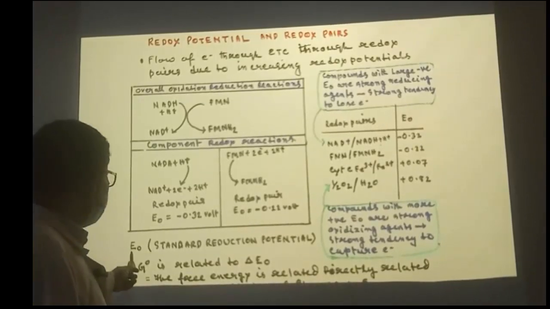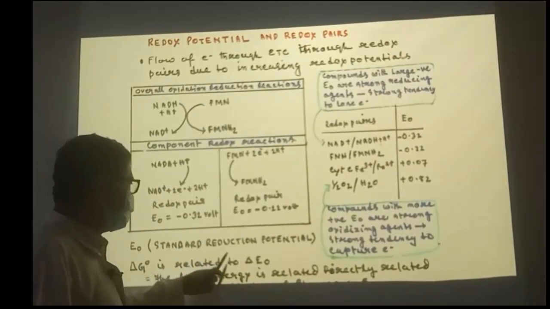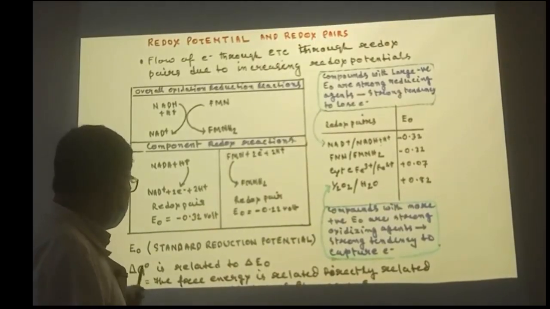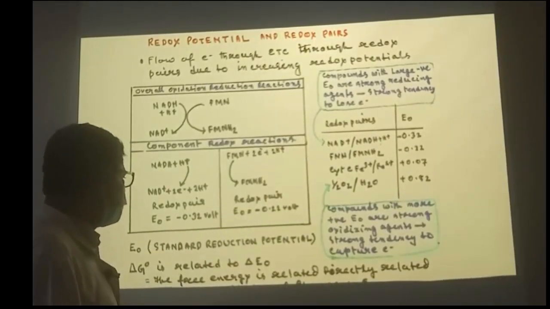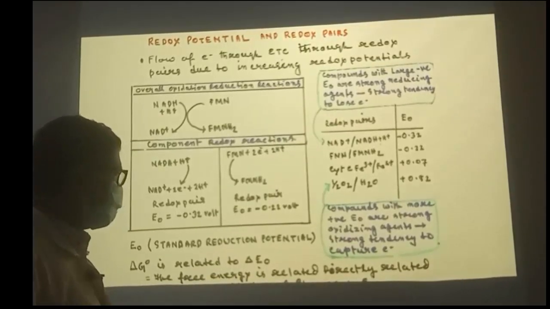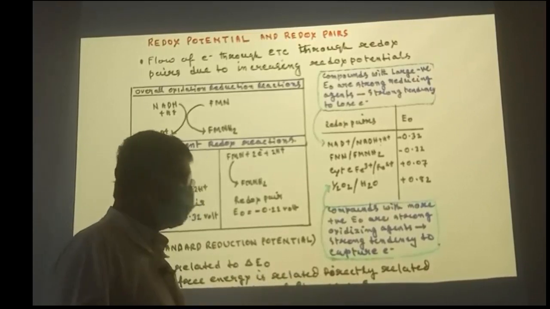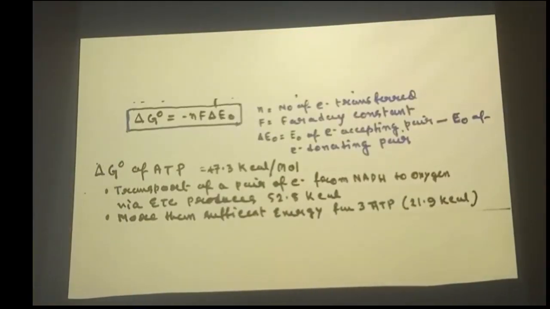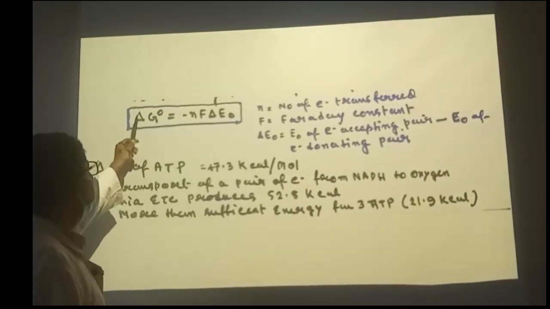Standard reduction potential is related to delta G. Delta G is related to standard reduction potential. The free energy released is directly related. That we will find in the next slide. Please. Here you can see the formula.